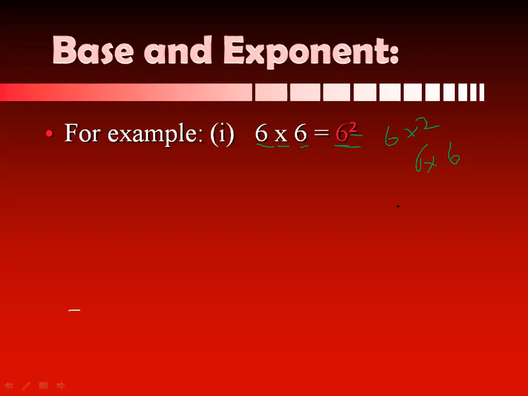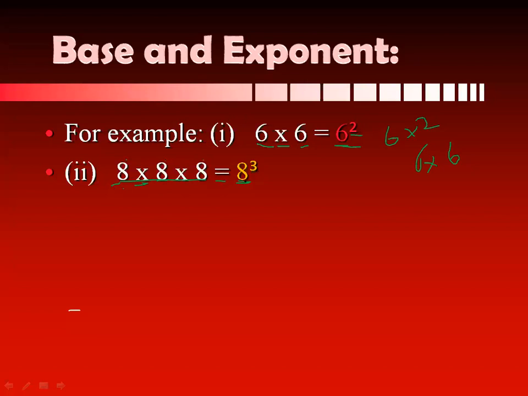Let's take another example. Just suppose here you have 8 multiplied. The condition is that the numbers should be multiplied and the numbers are the same. So 8 multiplied by 8 multiplied by 8 can also be written as 8 power 3. What does it mean? It means the number that is multiplying here is 8, and how many times is it multiplying? 1, 2, and 3.